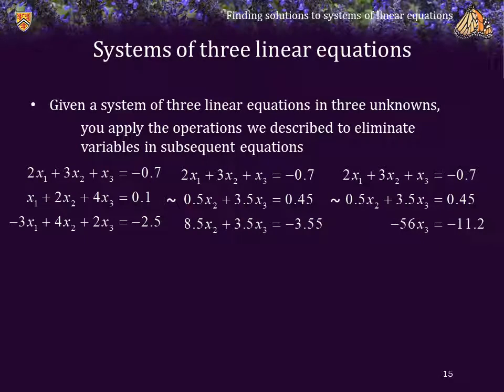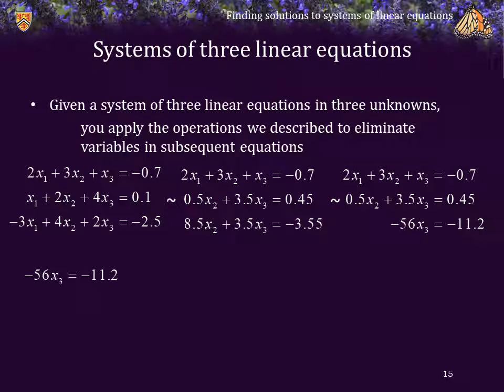Doing so gives us the following system of 3 linear equations in 3 unknowns. Notice, however, we now have eliminated all but one variable in the third equation. But that makes the third equation by itself a single equation in a single unknown. So therefore we can solve for x3.